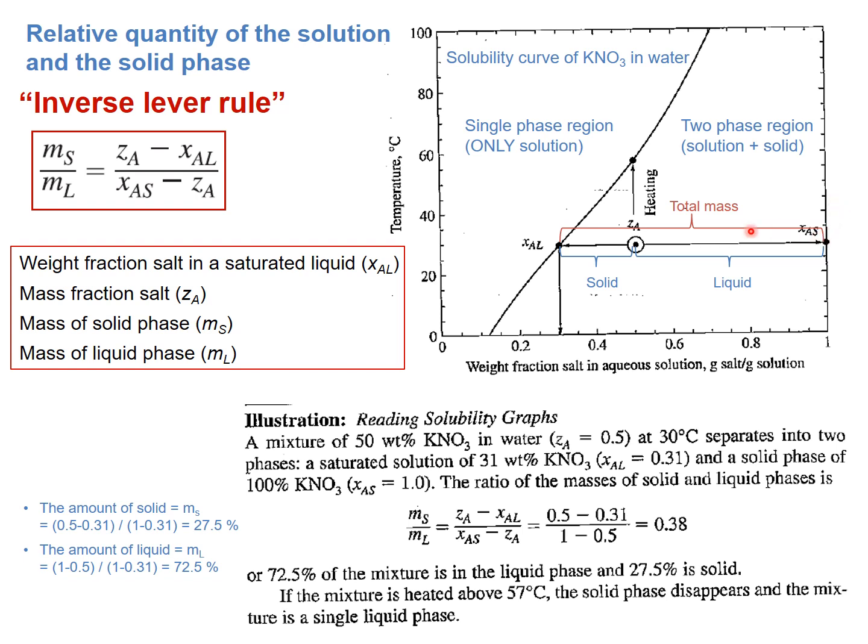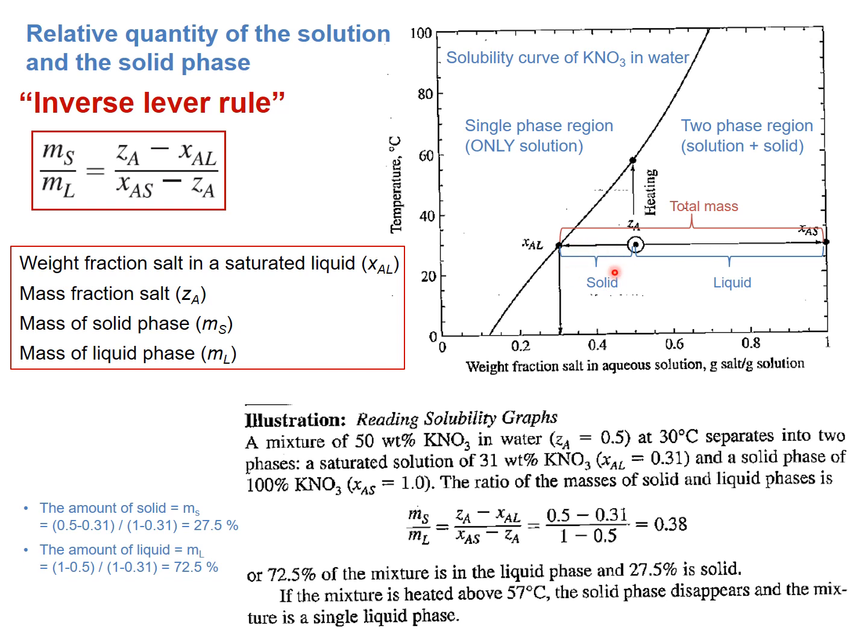So 1 minus 0.31. That is going to be 27.5%. That is to say, 27.5% of the total amount of solution plus solid is solid, precipitated from the solution.